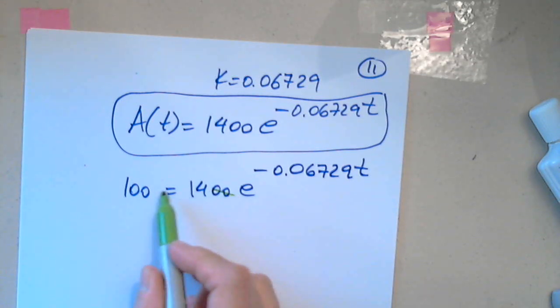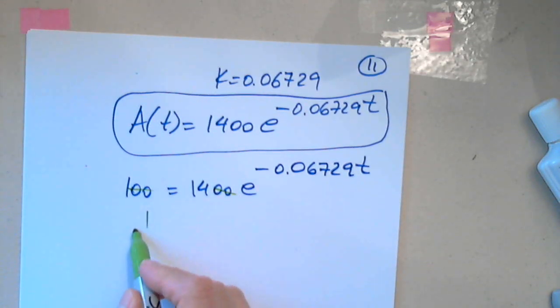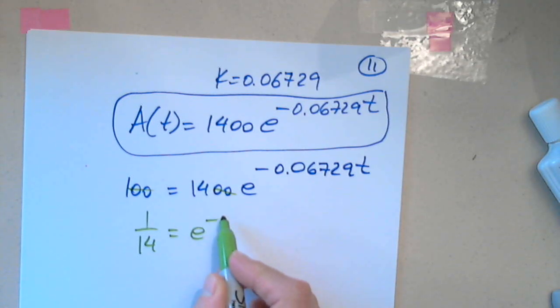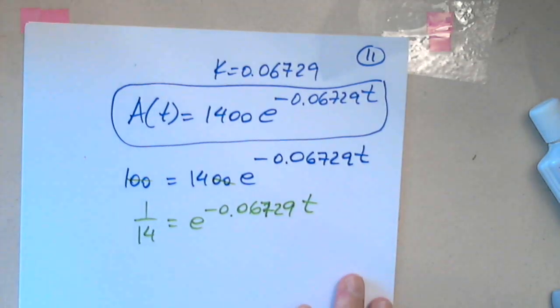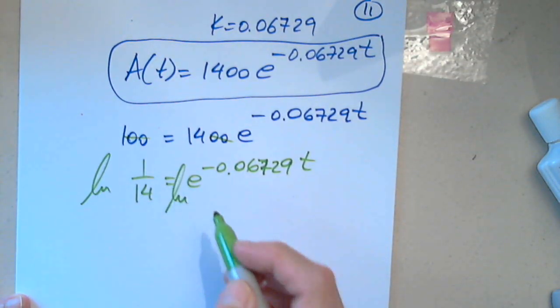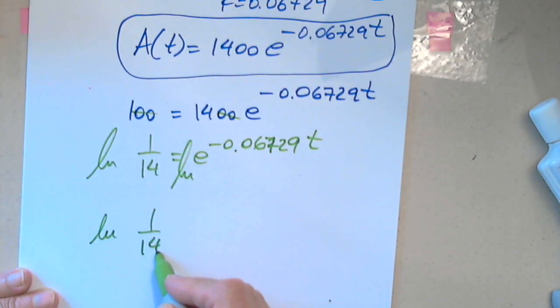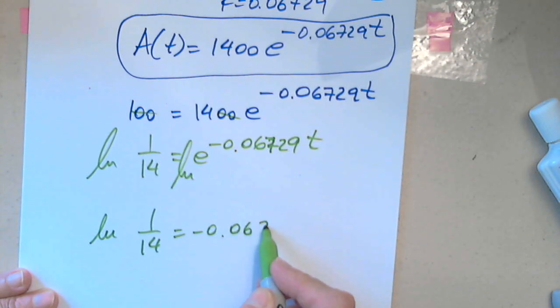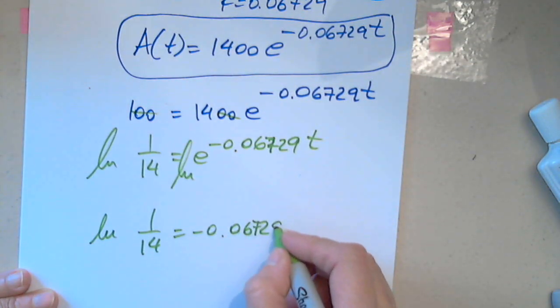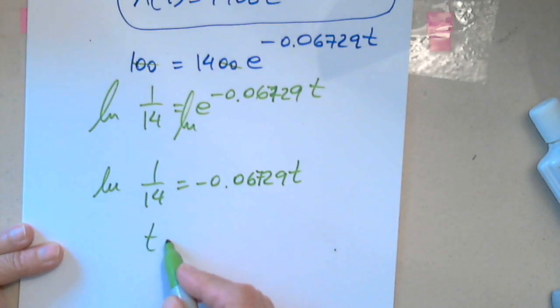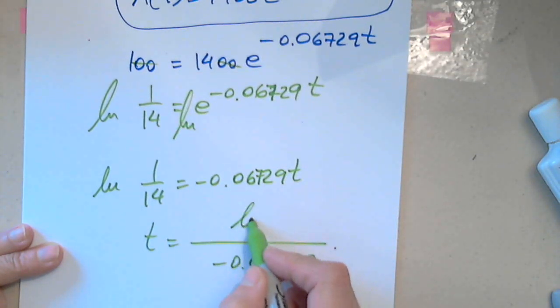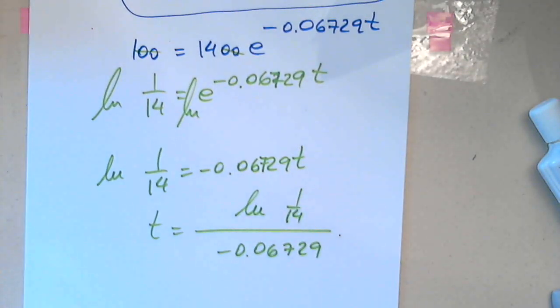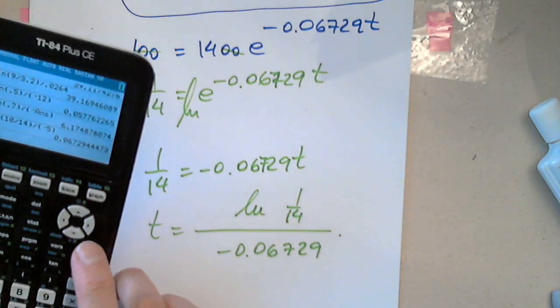Again, I divide both sides by 1400, of course. I apply natural log. And I divide by this. Let's see, I hope we have some time to save them.